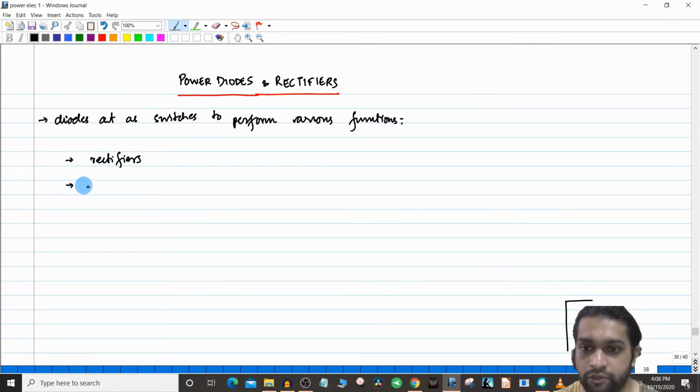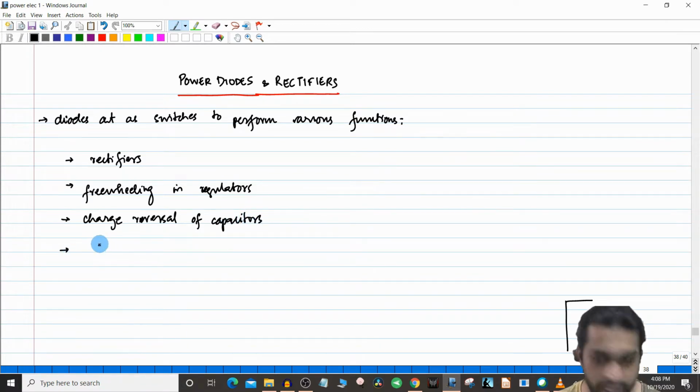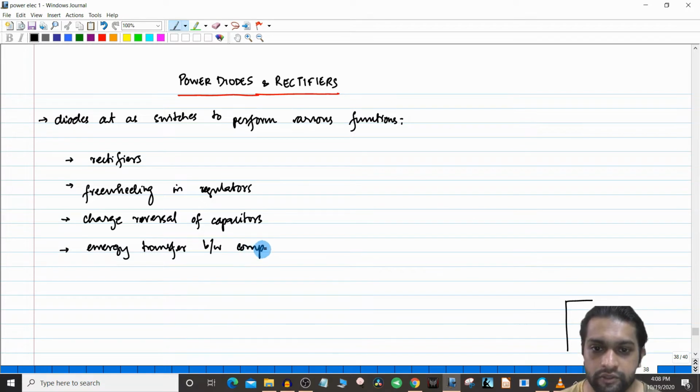They can be used in freewheeling in regulator circuits. We are just going through a broad list of applications: freewheeling in regulator circuits, and then charge reversal in capacitors. That is, if you want to reverse the charge across the capacitors, the switching action of the diodes can be used. Other than that, you have energy transfer between components. Another important application is voltage isolation.